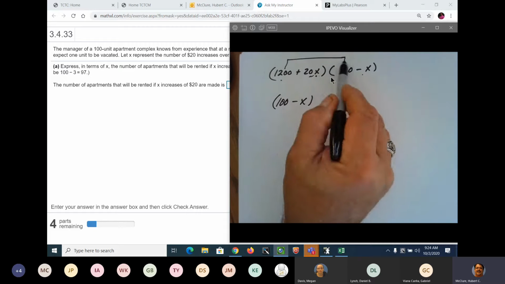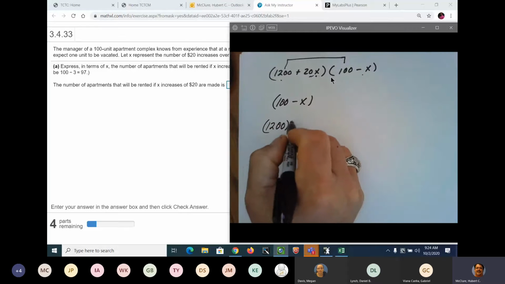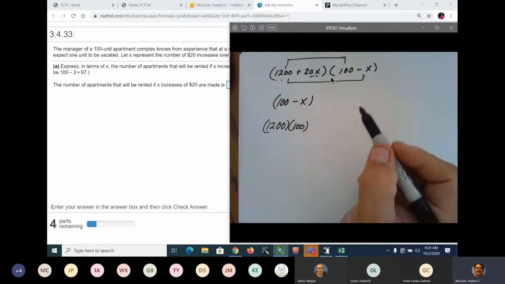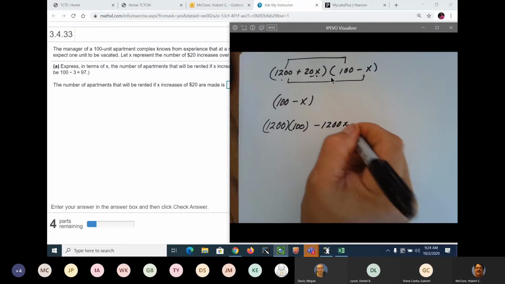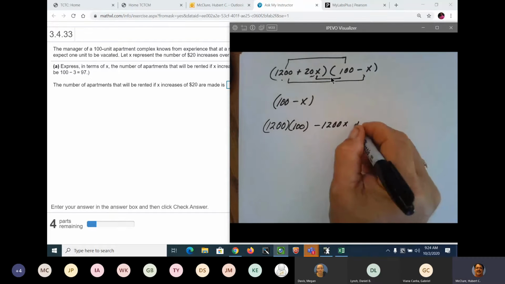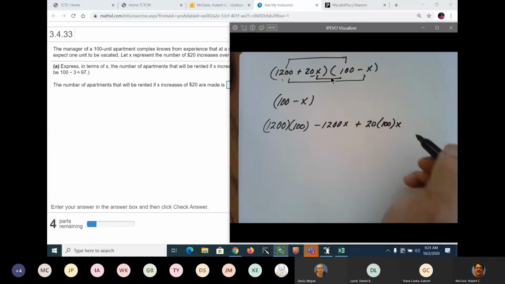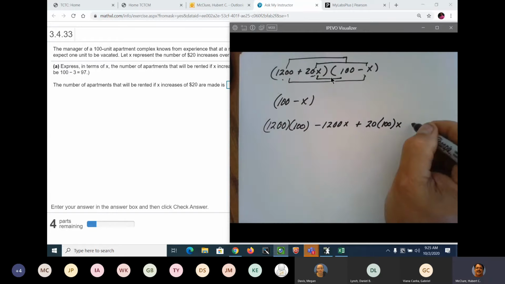So 1200 times 100, minus 1200x, plus 20 times 100x, minus 20x squared.